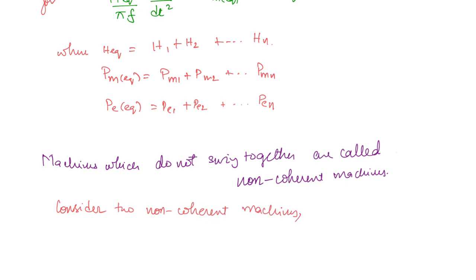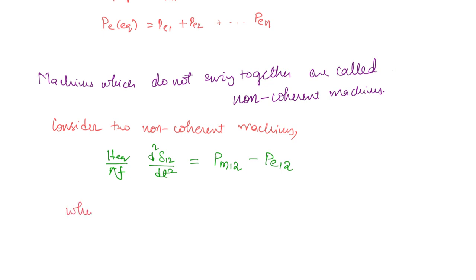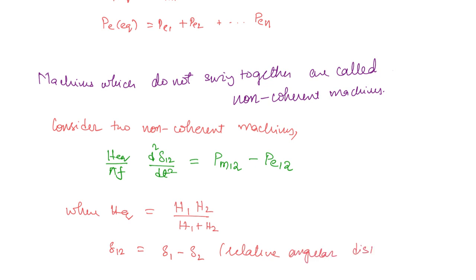Then the swing equation is going to be H equivalent by pi f d square delta12 by dt square, which is equal to Pm12 minus Pe12. So here what is H equivalent? This is equal to H1 H2 by H1 plus H2. Delta12 is delta1 minus delta2. This is the relative angular displacement between the two machines.